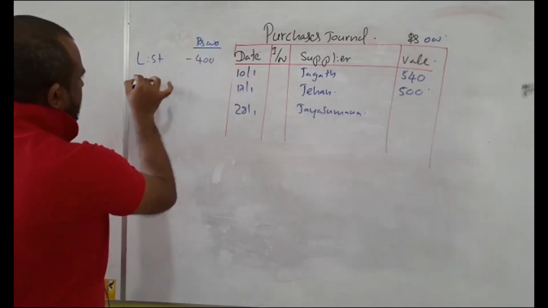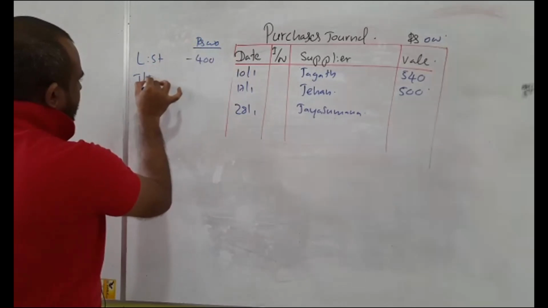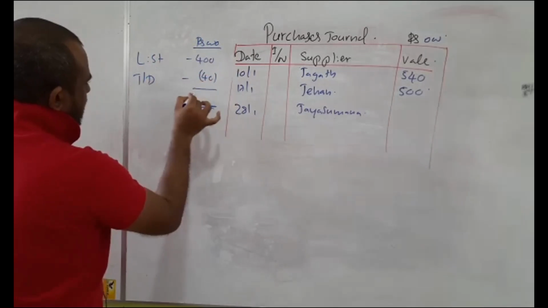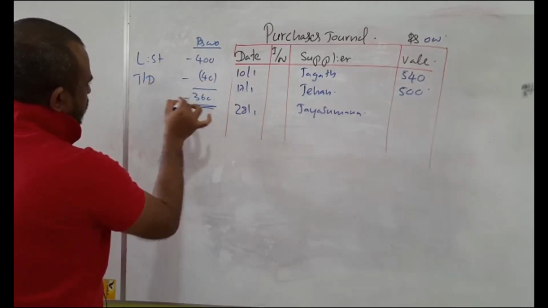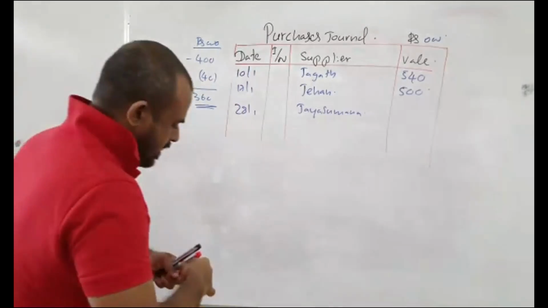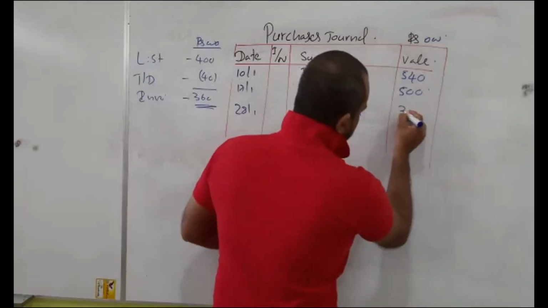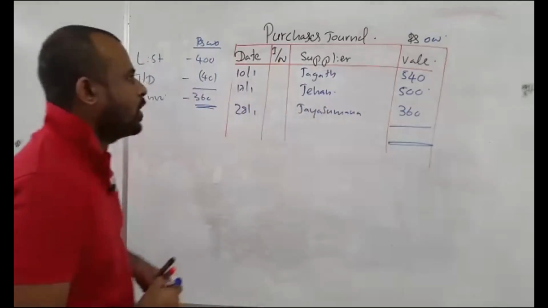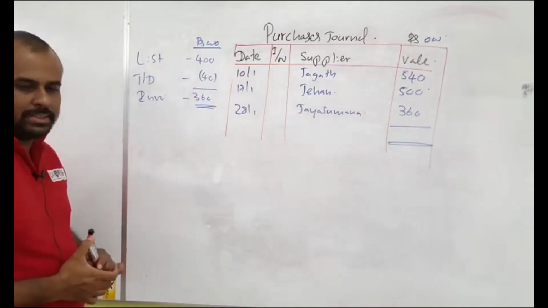And I'm making trade discounts. The trade discount percentage is 40, and how much is the invoice price? 360. So you record directly the invoice price of 360. Right. So then saying Jayasumana, how much you are supposed to record? 360. Right. Now we have recorded all the purchases there.